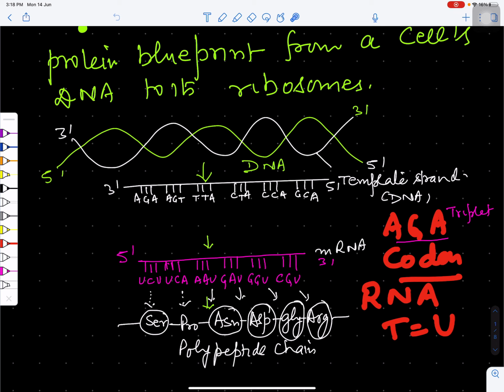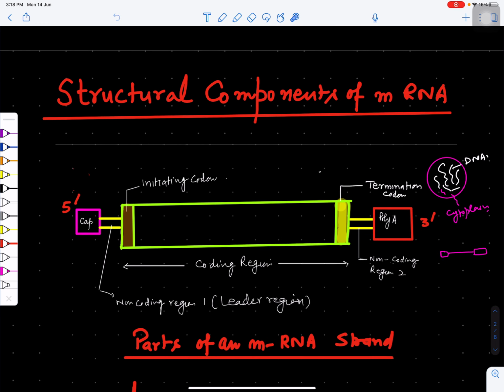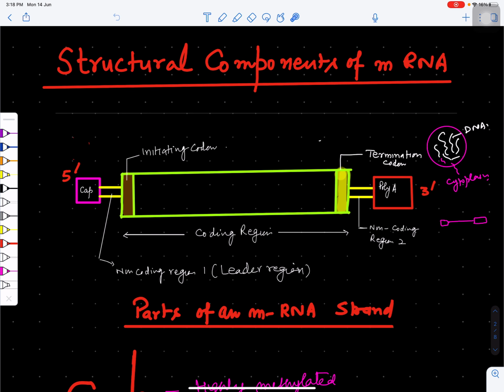So we can say genetic information present in the DNA has been translated in the form of a polypeptide chain or protein. Now let us study the structural components of messenger RNA. This part is called the cap region and this part is called the tail region. In the nucleus, messenger RNA is produced from the DNA.